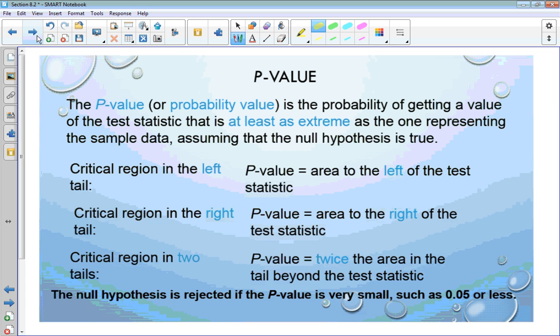For a left-tailed test, the p-value is the area to the left of the test statistic, and for a right-tailed test, the area to the right. In two tails, the p-value is twice the area of the tail beyond the statistic. The null hypothesis is rejected if the p-value is very small, and usually we will look at 0.05, sometimes we go to 0.01.